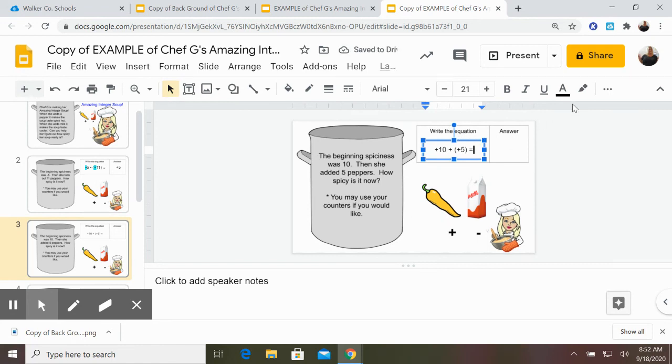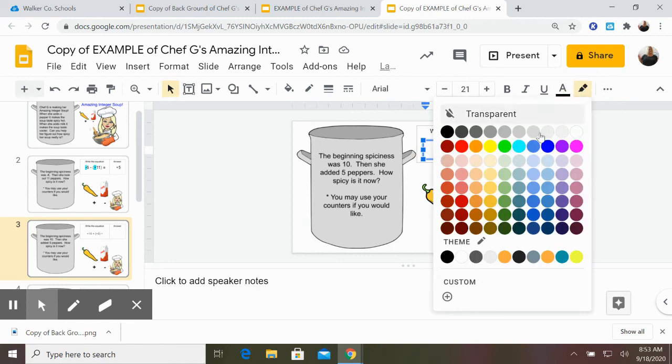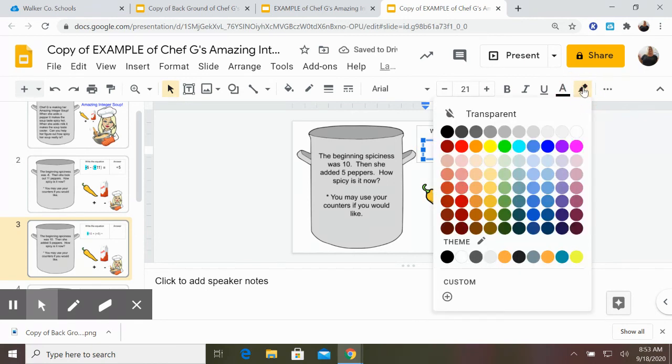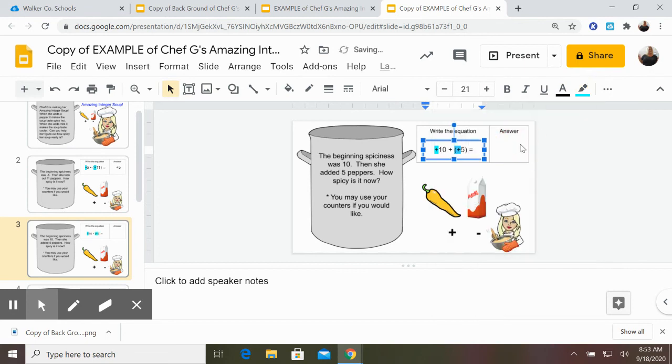So now I'm going to take that highlighter. I saw the sign. And I'm going to highlight each sign. And I see that my signs are the same. So that means I'm going to add. So 10 plus 5 is 15. And I know that my sign here is going to be positive because 10 has the greatest absolute value. So my answer there is positive 15.